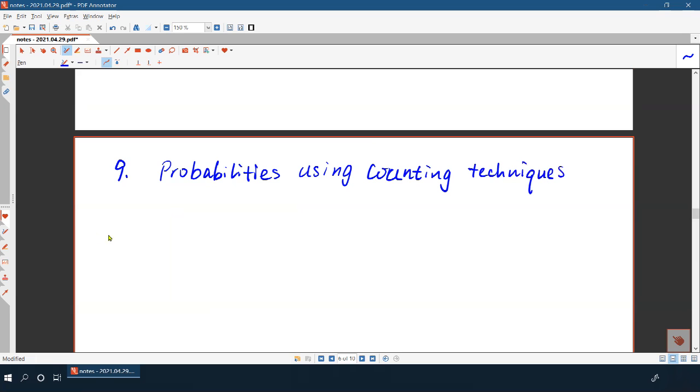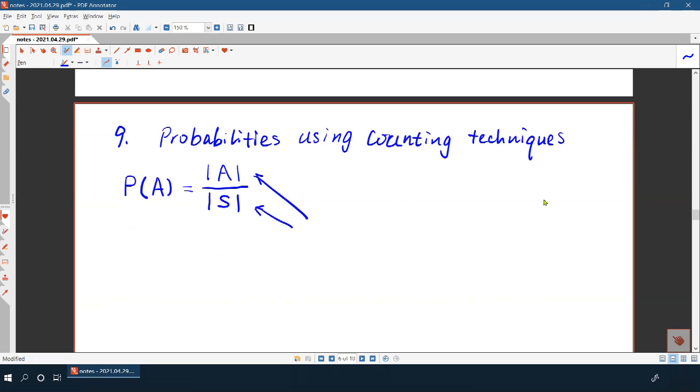One of the reasons we learned 8 different counting techniques is to calculate the theoretical probability of an event, which is defined as the number of sample points in this event divided by the number of sample points in the sample space, right? So we can use different counting techniques to calculate the number of sample points in these two sets.